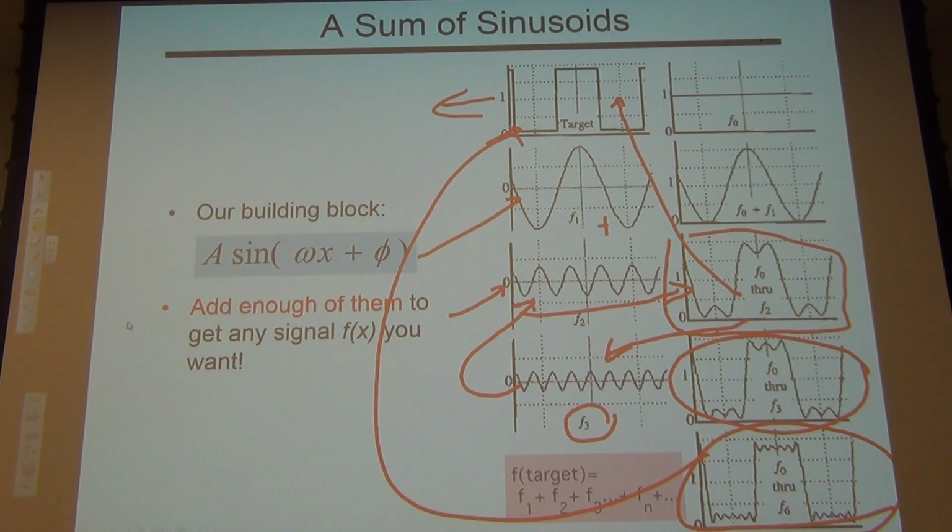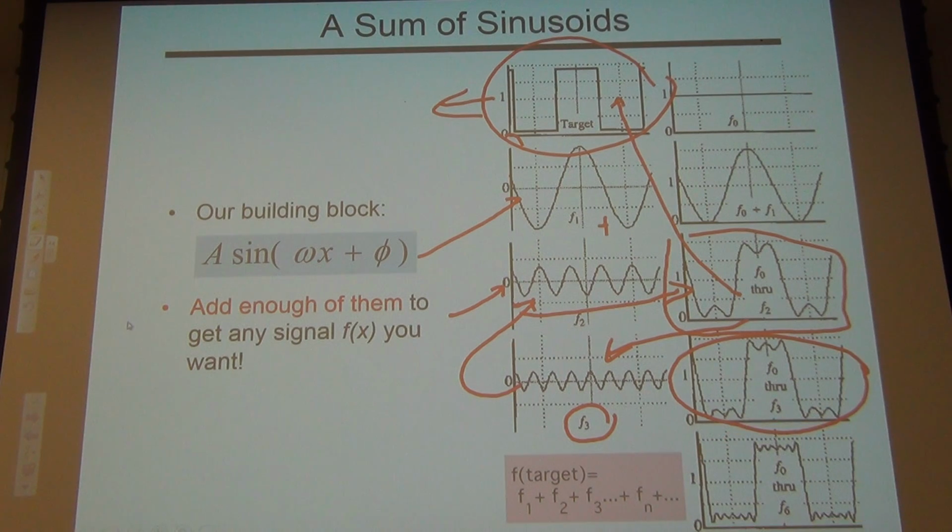That is the idea of the Fourier series. You keep adding the sine waves with increasing frequency. And finally, you will get a signal very, very close to your target signal. That is the idea of the Fourier series.